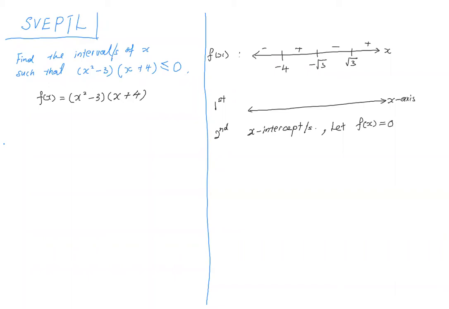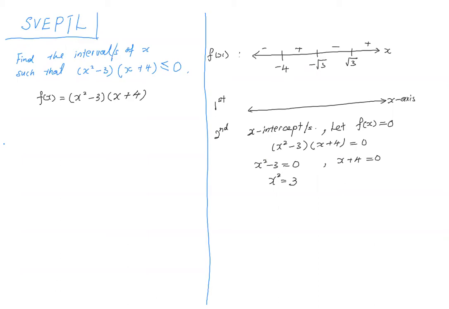Okay, so this is my y, or this is my f(x), equal to 0, correct? Product of two expressions equal to 0, that means either one of them can be 0. Am I right? So from here I solve.